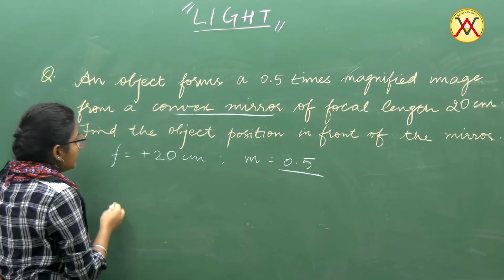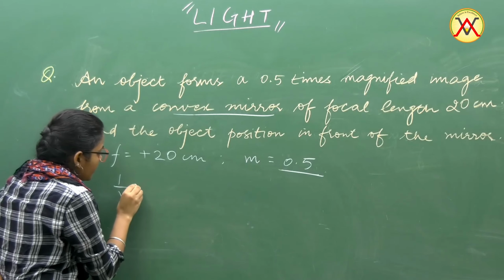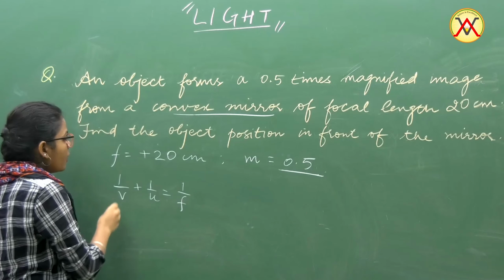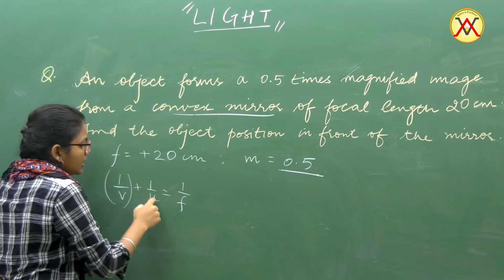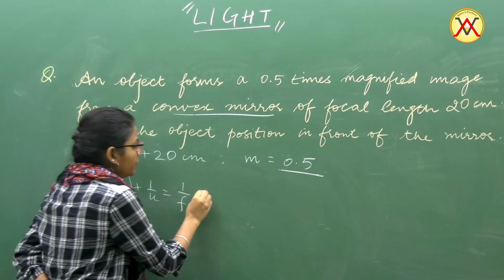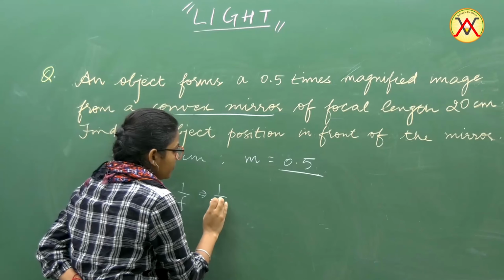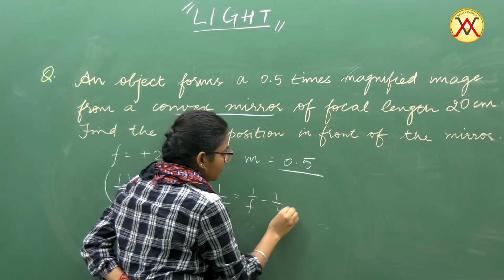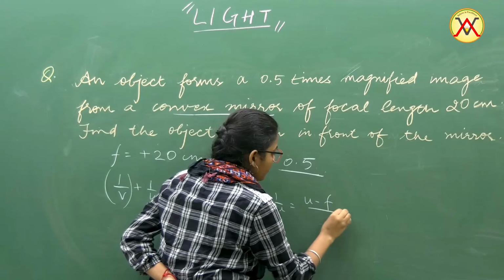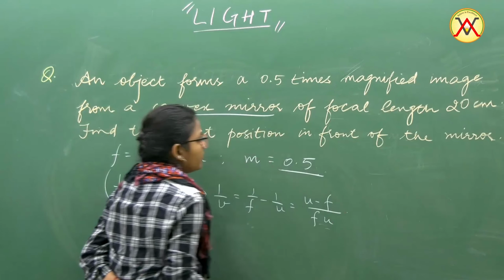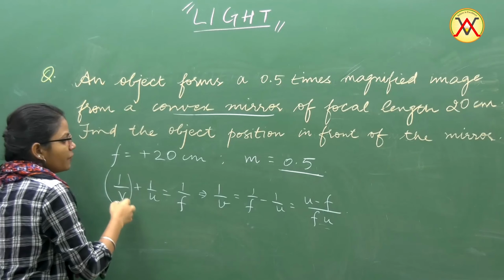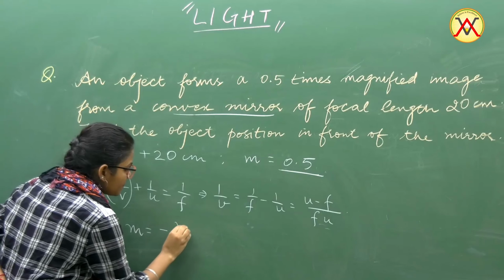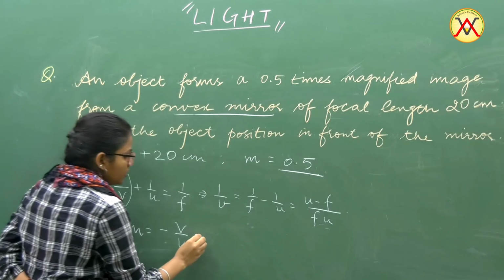Alright, let's come to our mirror formula equation. From here, take v in terms of f and u. Put this value of v in our magnification formula, which is minus v by u.